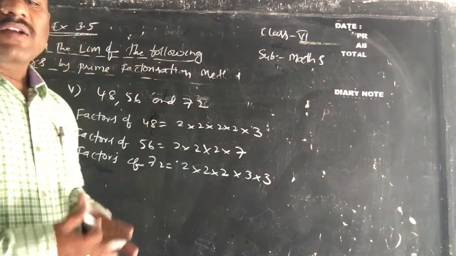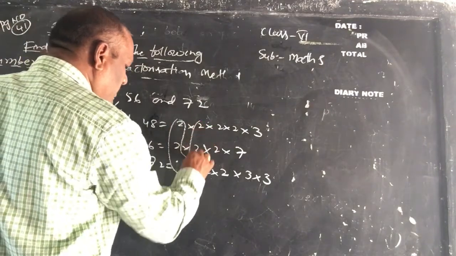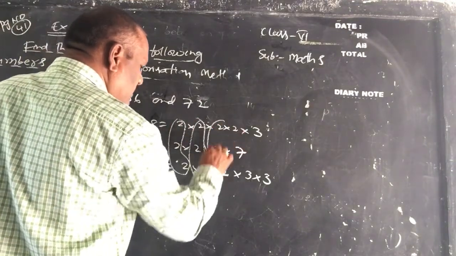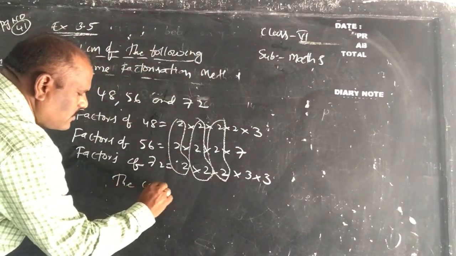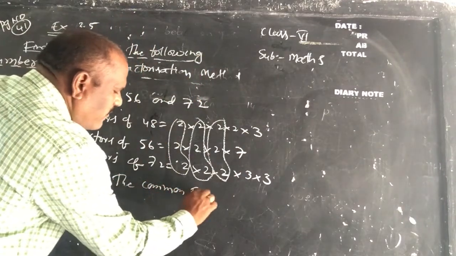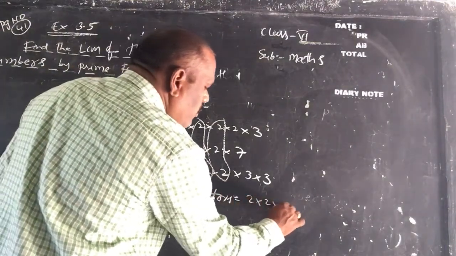Now the common factors, you know very well. This is one common factor, and this is one common factor. So the common factors are 2 into 2 into 2.